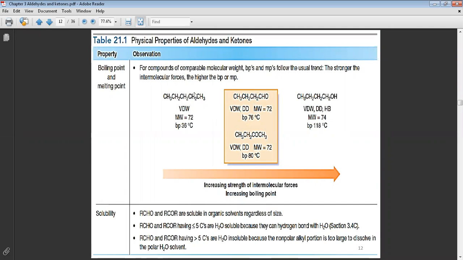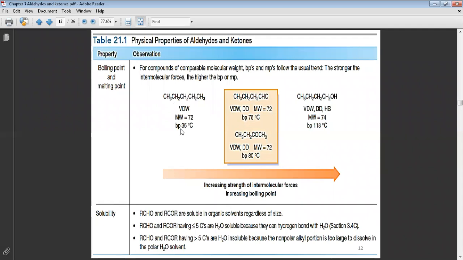The aldehyde and ketone have van der Waals forces and dipole interaction, because the carbonyl group, carbon double bond oxygen, is partially positive and partially negative. The alcohol has van der Waals forces, dipole interaction, and also hydrogen bonding. That means it needs more energy to separate the molecules.